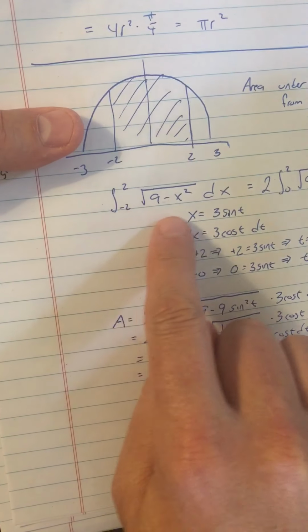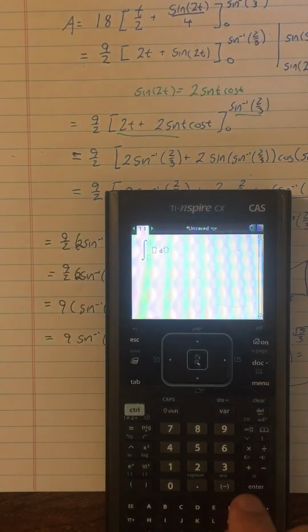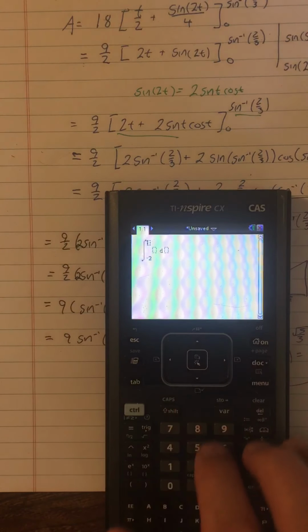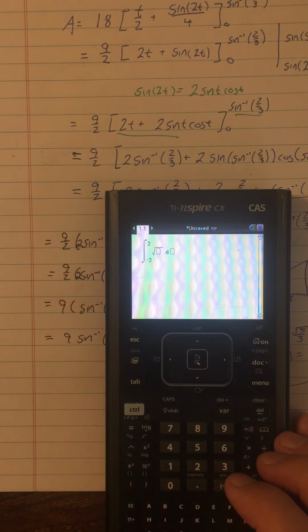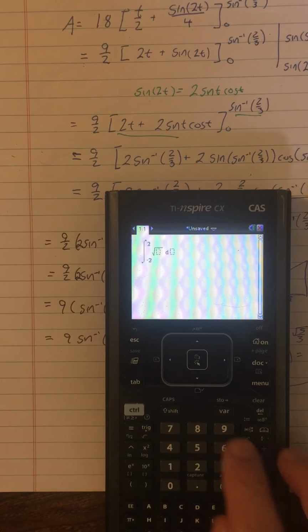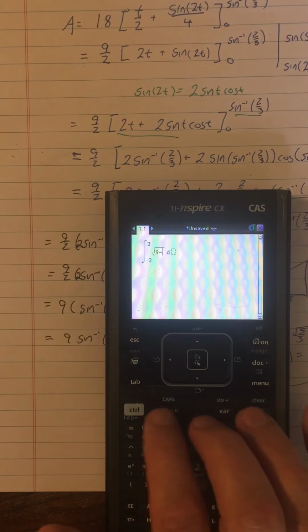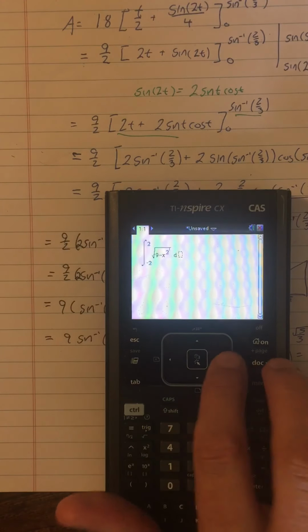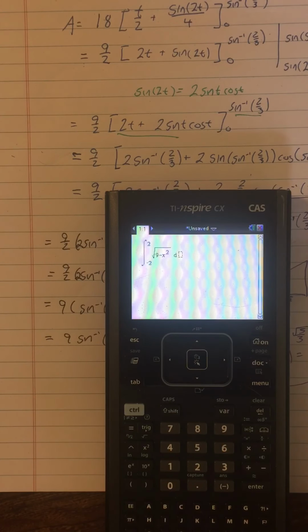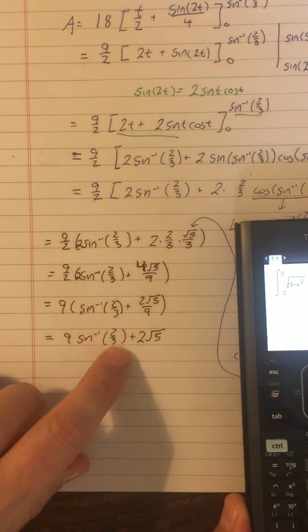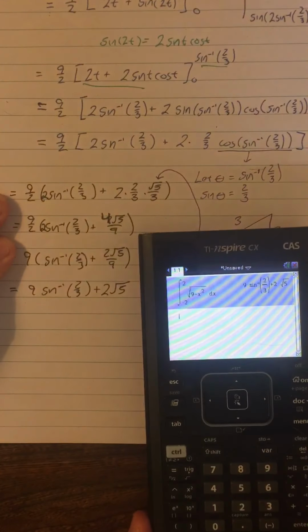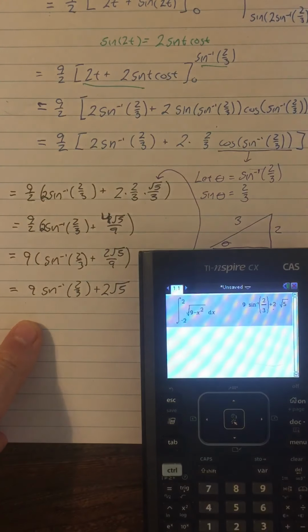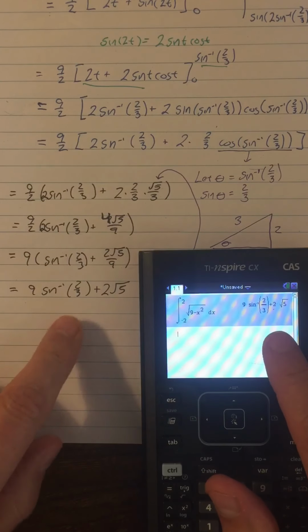Integral from negative 2 to 2 of the square root of 9 minus x squared dx. Now, if I did this on a TI-84, I would get a numerical result, and I could compare it to that. And here we can just do that, and we get the exact same result, the exact same result that we got.